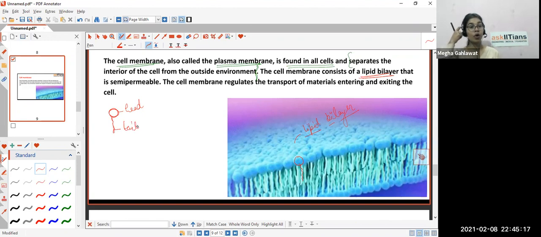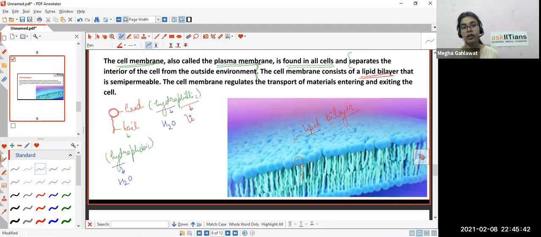Now the important thing about head and tail is that this head is hydrophilic. This tail is hydrophobic. Hydro means water. Philic means loving. Phobic means fearing.